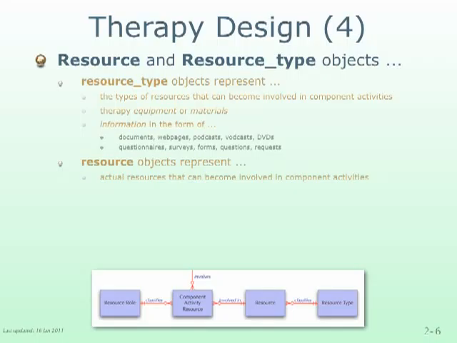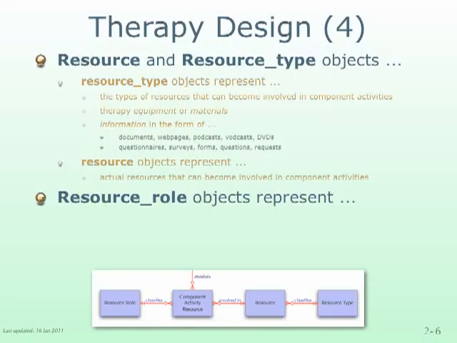Then there are the resource role data objects, which represent the types of involvements of an item of equipment, a quantity of material, or an item of information in the performance of a particular functional component of a therapy program.